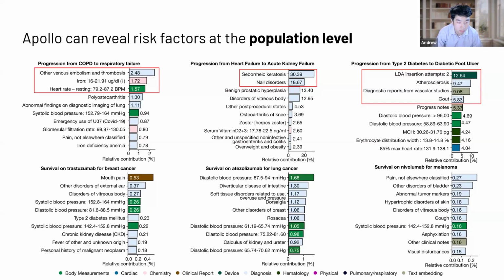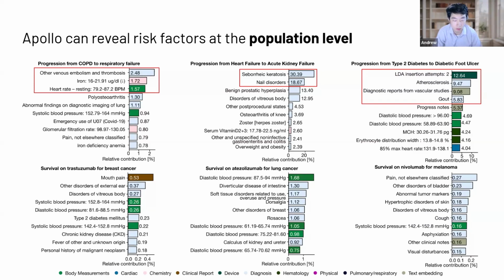The cardiopulmonary strain is pretty obviously associated with COPD, but the iron deficiency is maybe a little more subtle. After looking in the literature, we did find references that point to an association between iron deficiency and COPD prognosis.